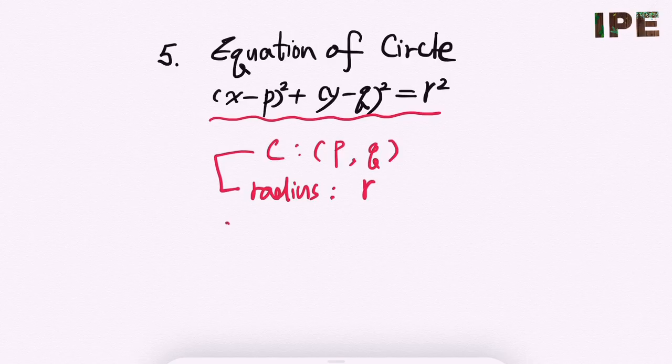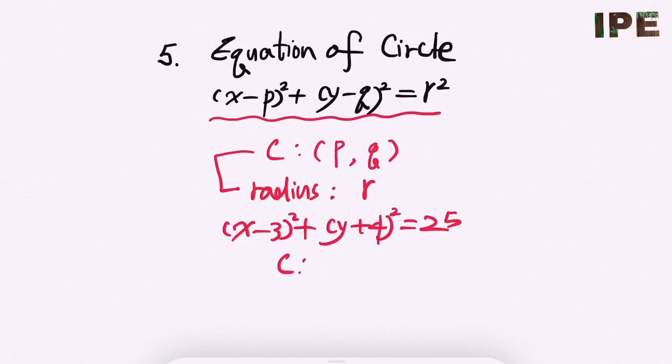For example, (x minus 3) squared plus (y plus 4) squared is equal to 25. The center of this circle is (3, negative 4), and 25 is r squared. So the radius of this circle is 5.